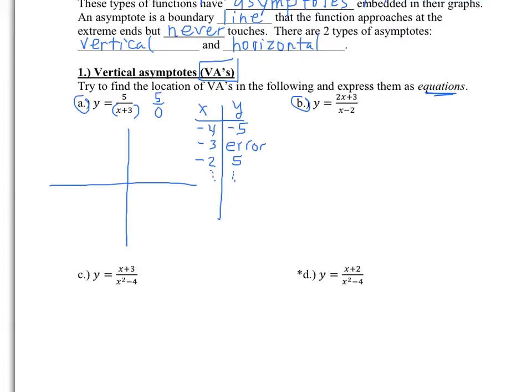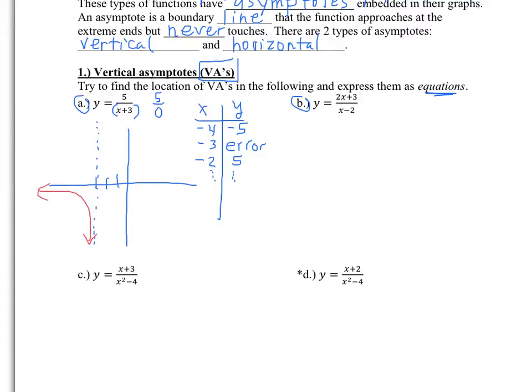So if we were to focus in on what's happening here at -3, if you were to now graph this, you have what's called a vertical asymptote at -3. Now the calculator is not going to draw that dotted line, which we call a boundary line. It's not going to put that on there for you, but it's there.